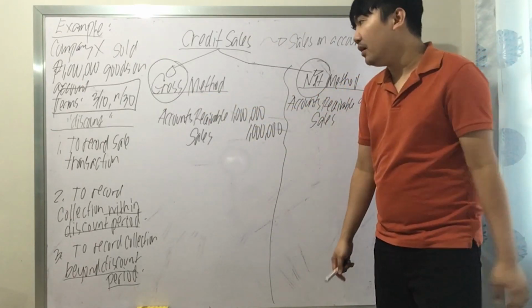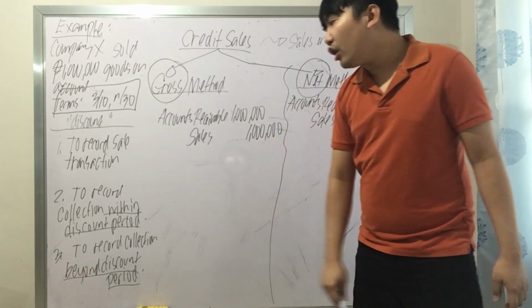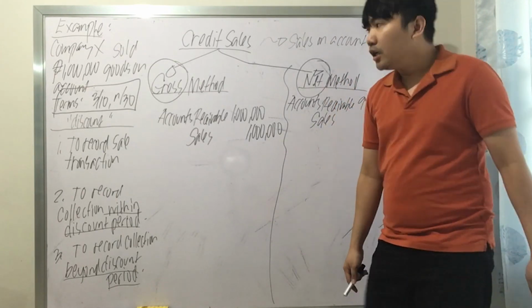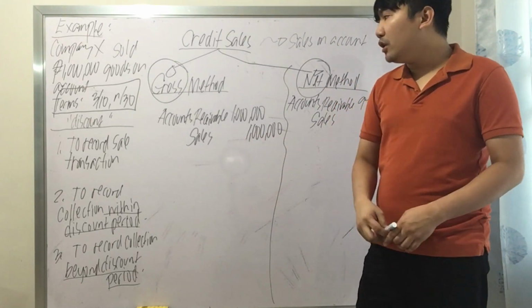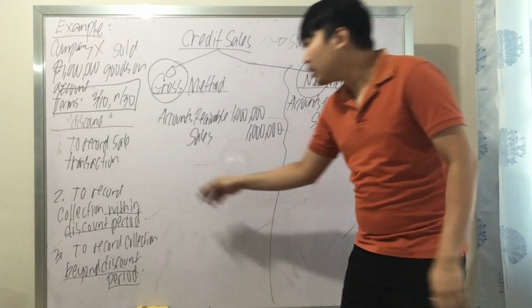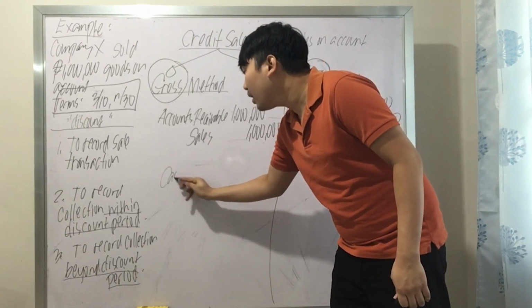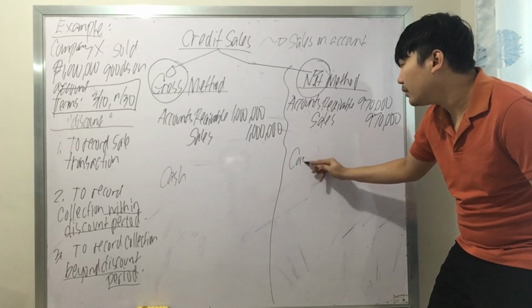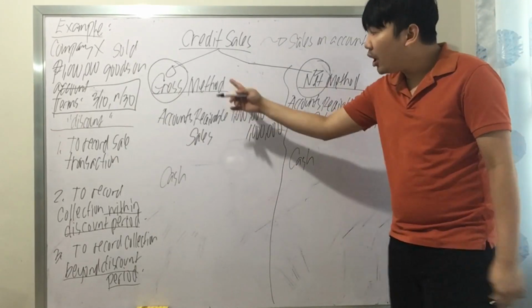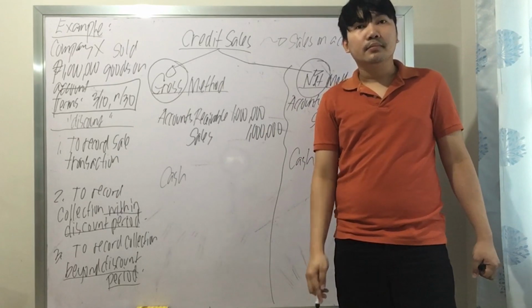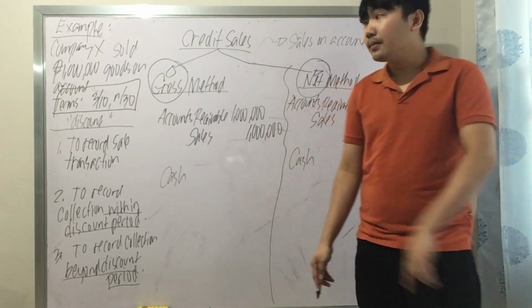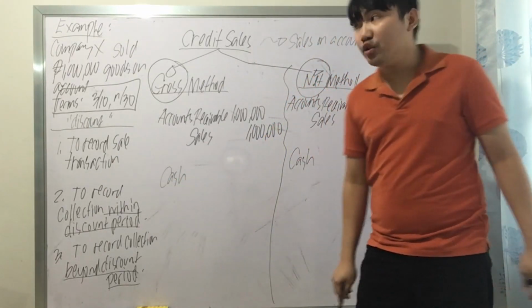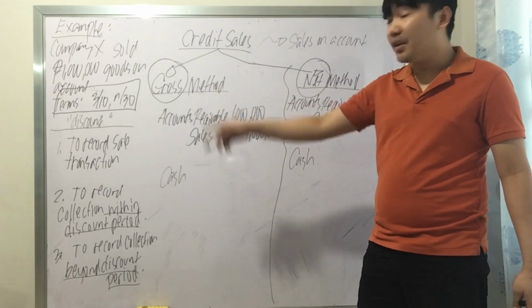Okay? First step. No? Second, let's record collection within discount period. So, kapag within discount period sa class, magkano yung collection mo? So, debit, cash. Diba? Debit, cash. Is it 1 million or 970,000? 970. Kasi nga, within discount period, within the 10 days period na.